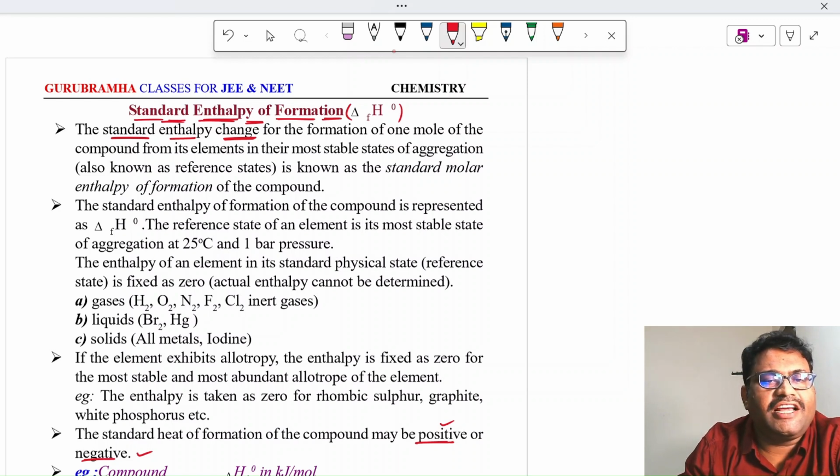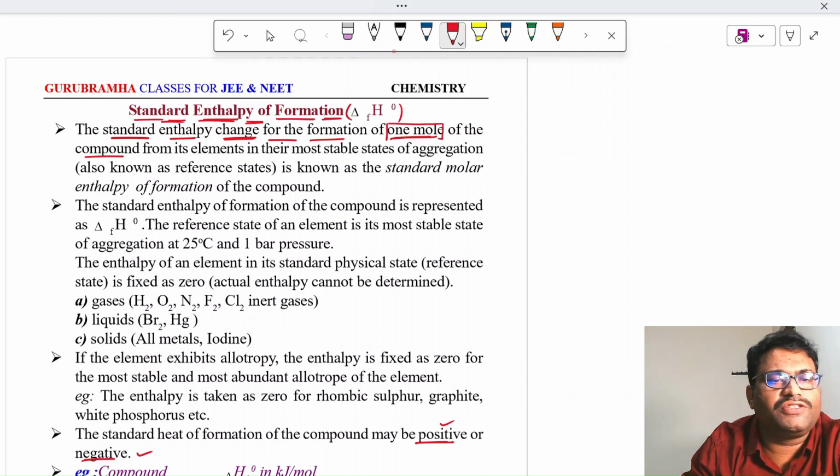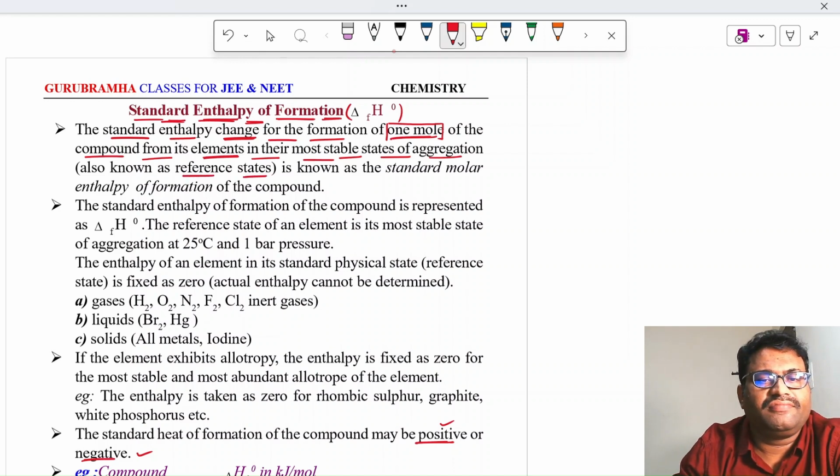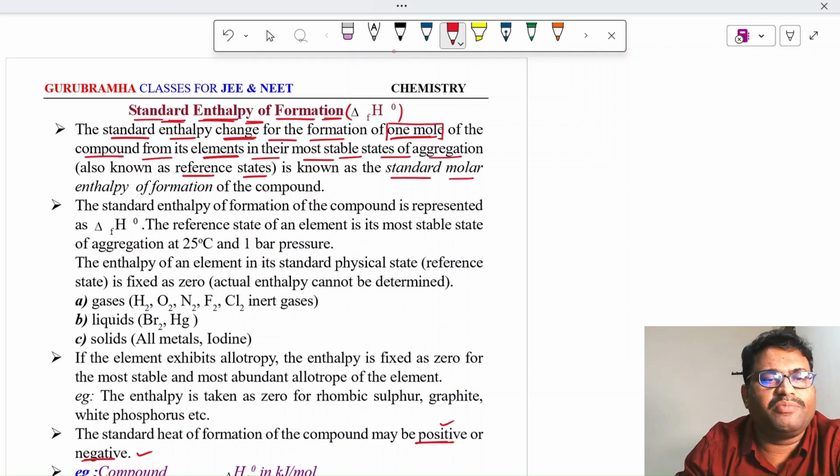So the standard enthalpy change for the formation of 1 mole, this is important, 1 mole of a compound formed from its elements, always from its elements, in their most stable state of aggregation, also known as the reference state, is called the standard molar enthalpy of formation.